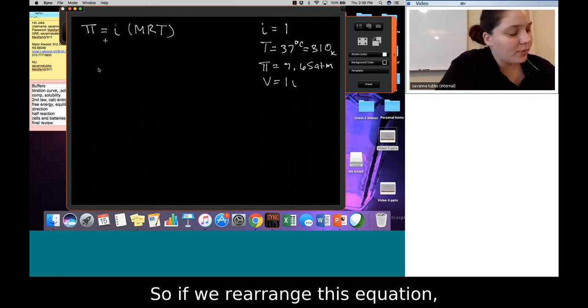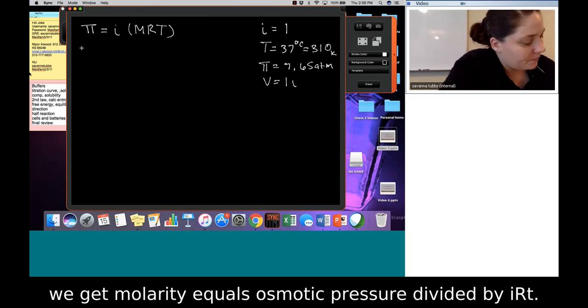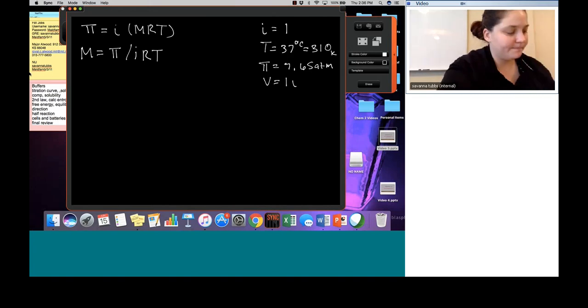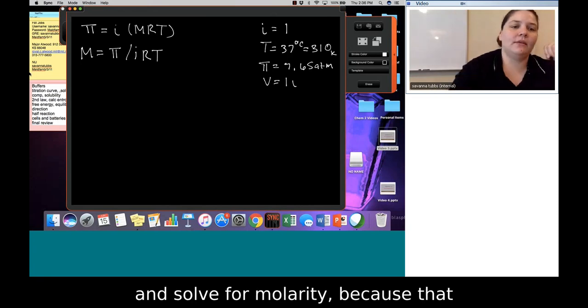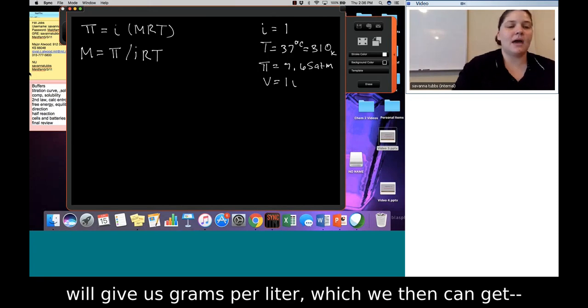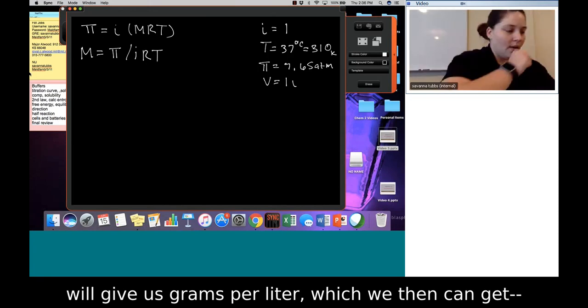So if we rearrange this equation, we get molarity equals osmotic pressure divided by iRT. And so then we can just simply plug everything in and solve for molarity, because that will give us grams per liter.